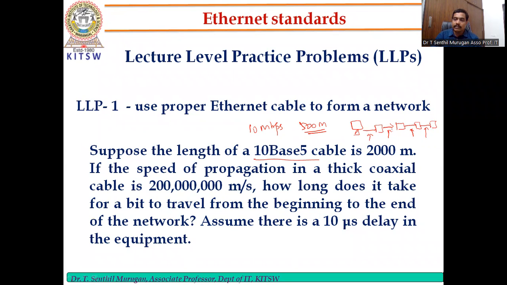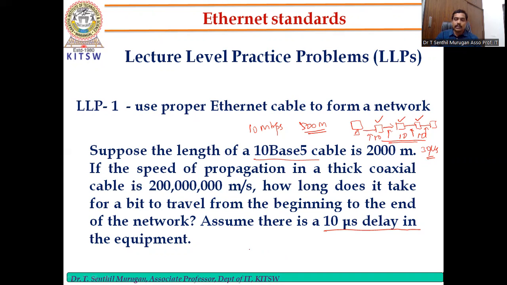Then how many devices are in between? 1, 2, 3. Okay. They say assume there is 10 microsecond delay in equipment. So here 10 microseconds, here 10 microseconds, here 10 microseconds. So totally 30 microseconds for equipment. Then we have to calculate how much data transmission delay.